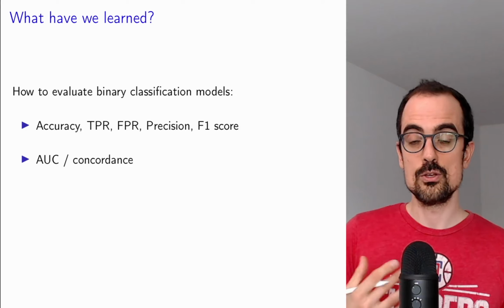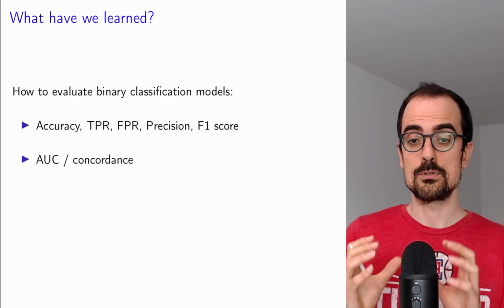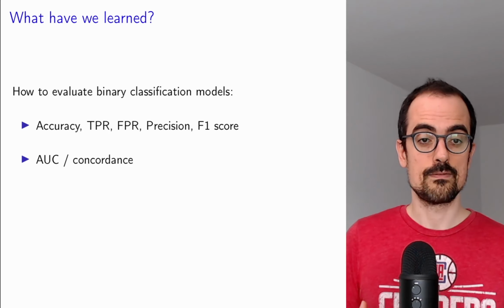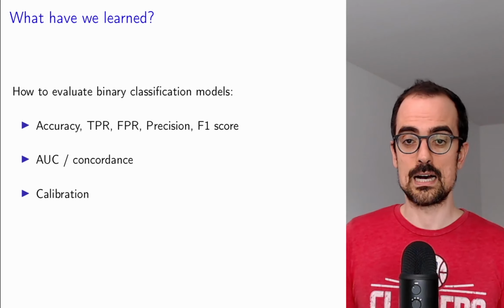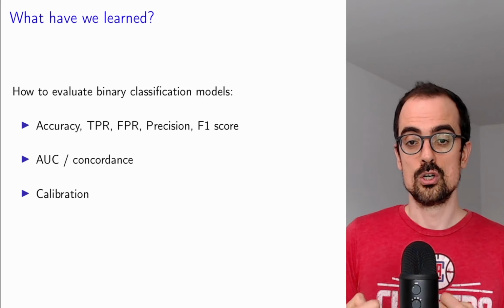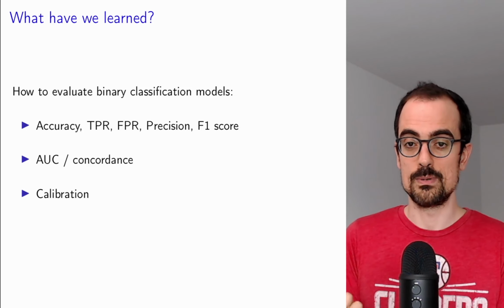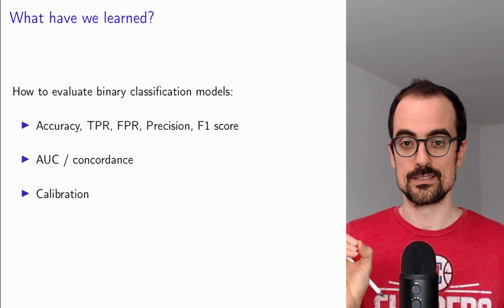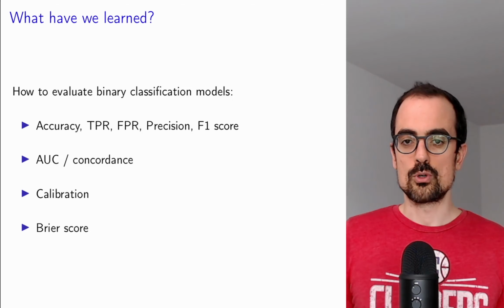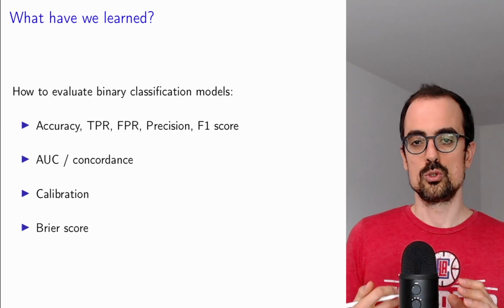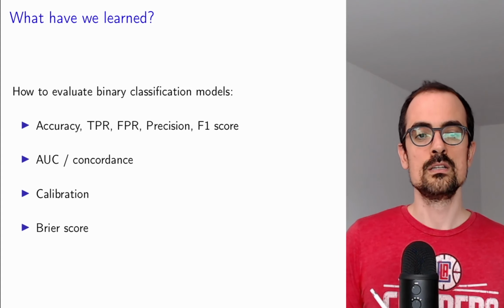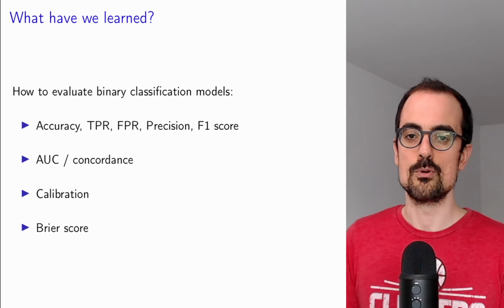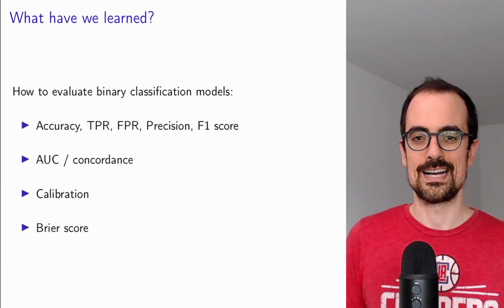We have defined AUC or concordance that captures the discriminative ability of the probability estimates produced by the classifier. And we have explained how to measure the calibration of the classifier, which tells you how good these probability estimates are in terms of just whether they are accurate probability estimates. And finally, we introduced the Brier score, which allows you to measure the discriminative and the calibration abilities of the classifier at the same time.